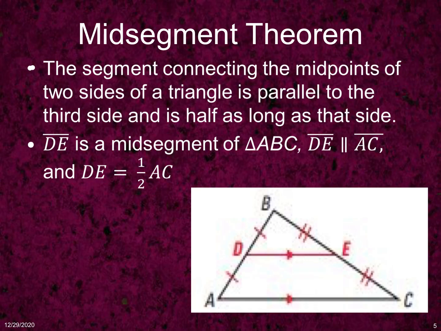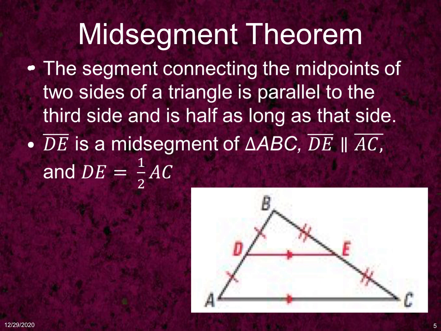All right, now they take this and they run with it into a theorem, okay? The theorem says that the segment connecting the midpoints of two sides of a triangle has two things. It's parallel to the third side, and it's also half as long as that side.